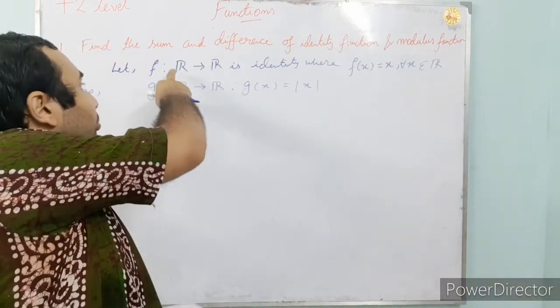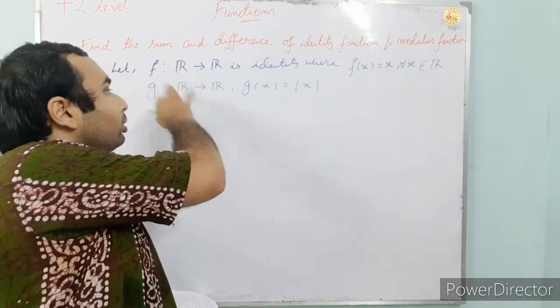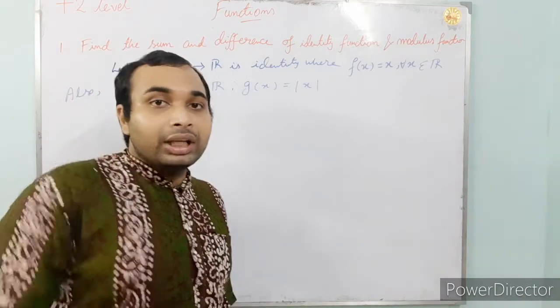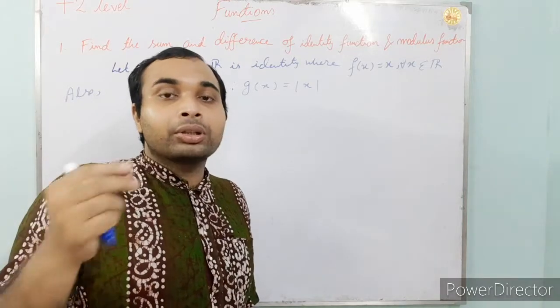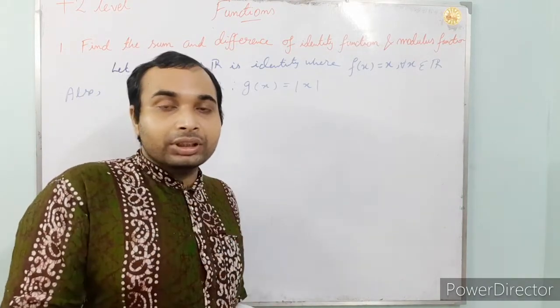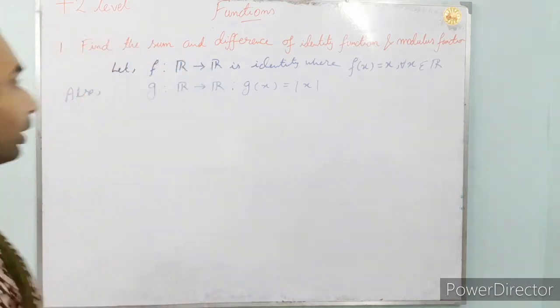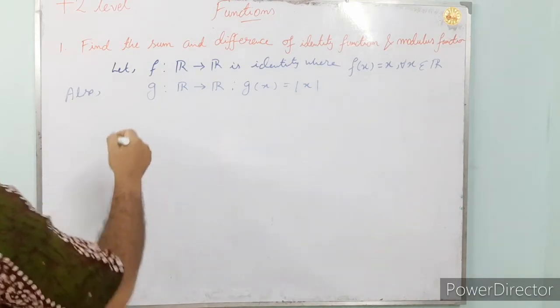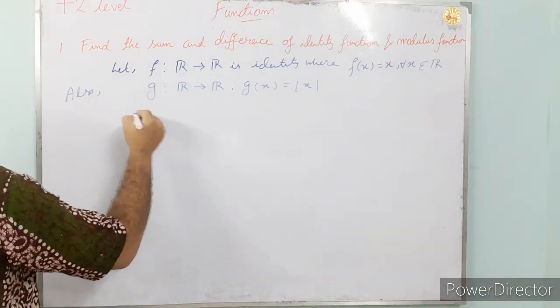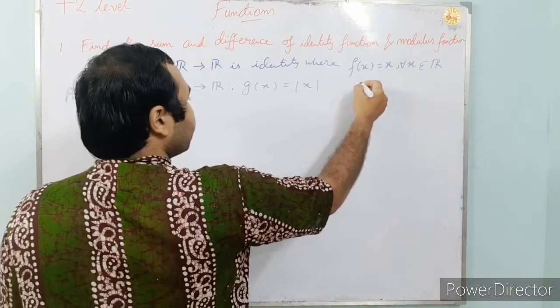Here we know the domain of the identity function is the real number set, and the modulus function is also the real number set. But what will be the domain of the sum, that is f plus g, and what will be the domain and range of f minus g? So let us check.